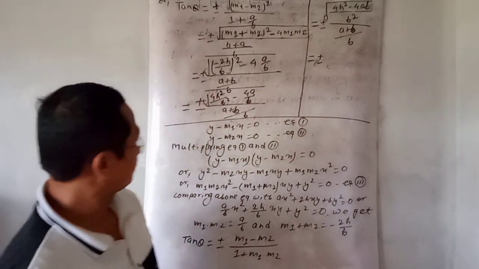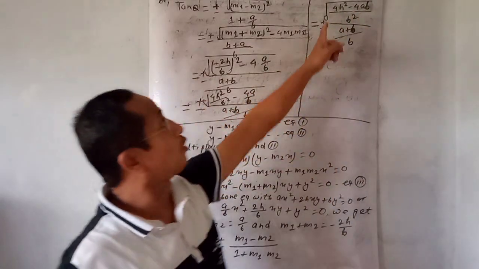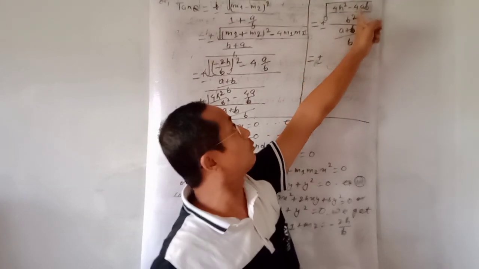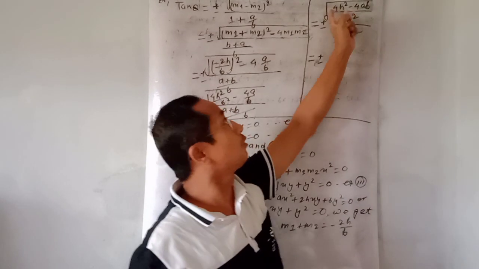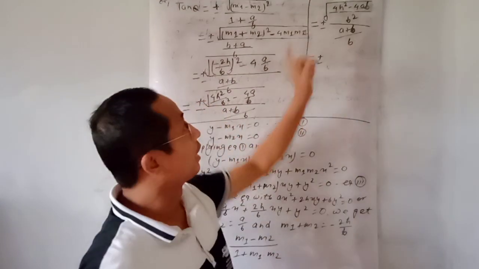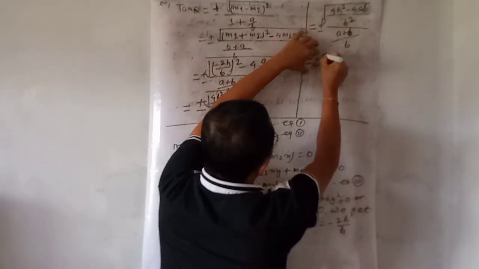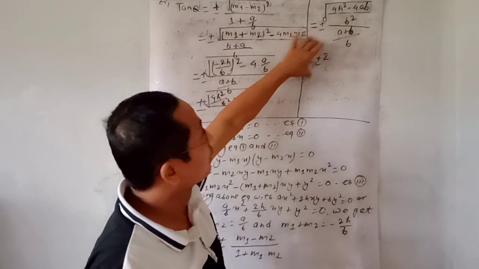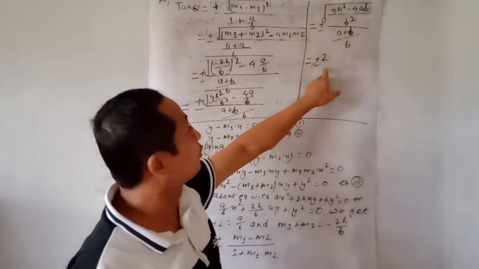Look here, in 4h square minus 4ab, 4 is common in both terms, so 4 will be common, and root 4 is equal to 2. So we can put 2 in place of root 4.